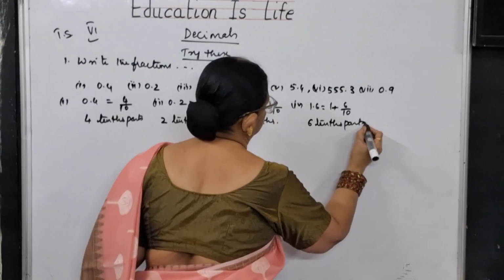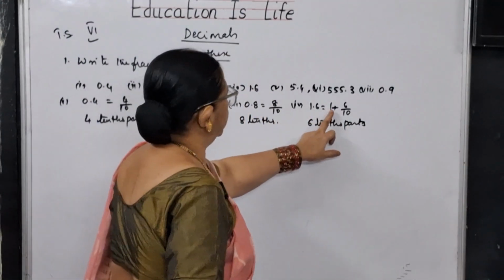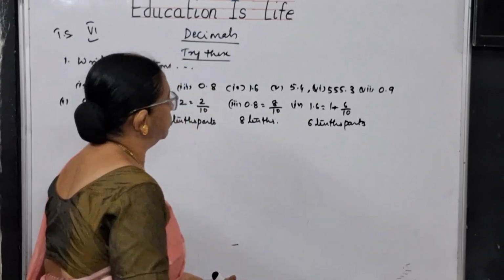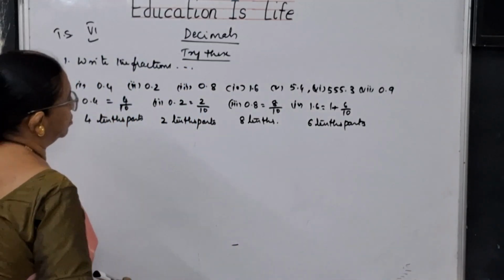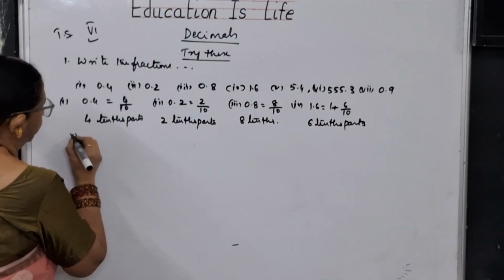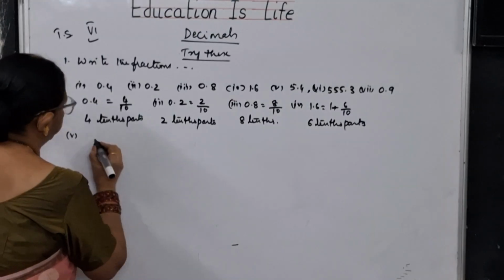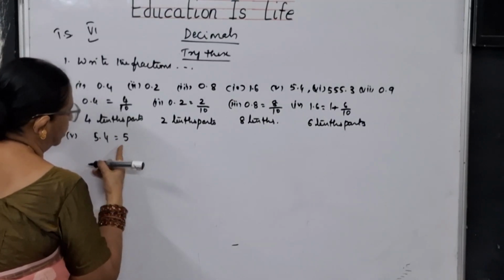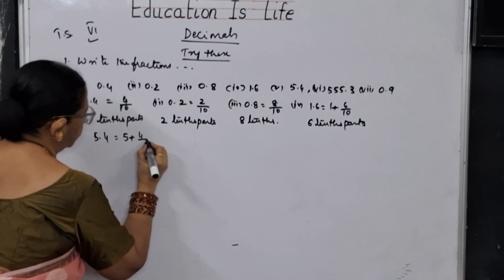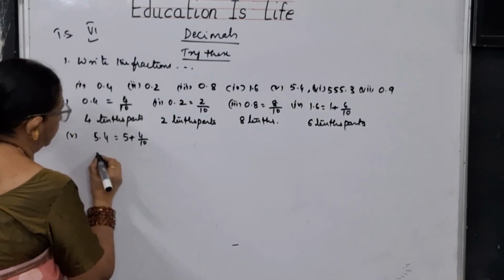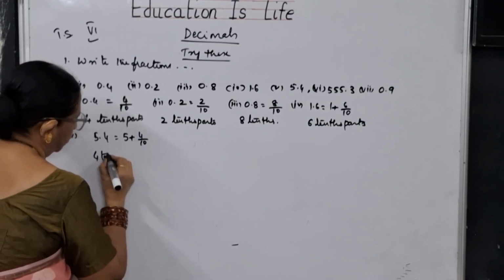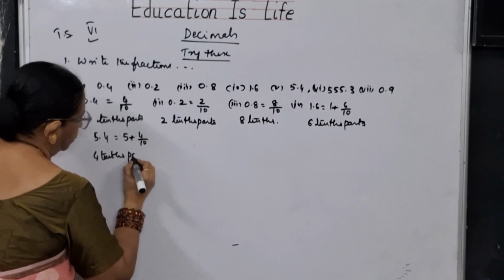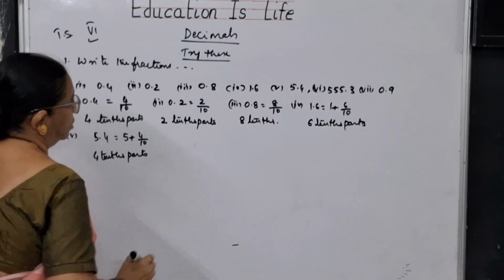We are not going to talk about the integral part because they are asking about tenths parts only. Now the fifth problem is 5.4. This can be written as the integral part plus 4 by 10. That means 4 tenths parts.